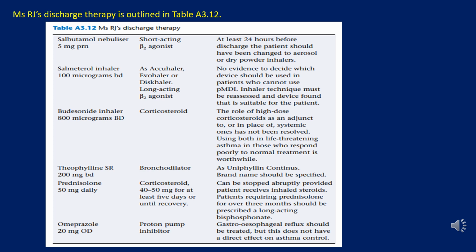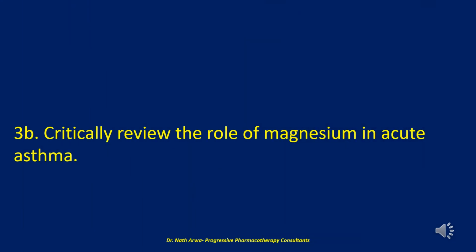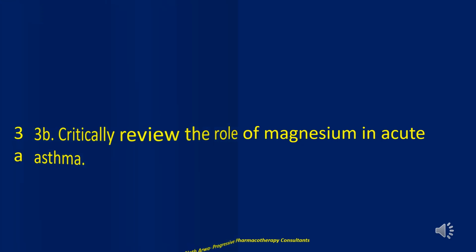Pause the video and carefully scrutinize Table A3.12, Muzar J's discharge therapy, before proceeding to the next slide. Question 3b reads, critically review the role of magnesium in acute asthma.